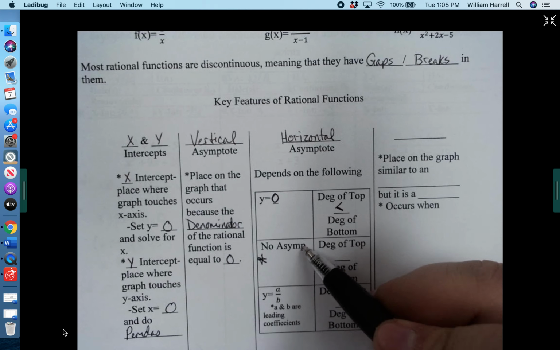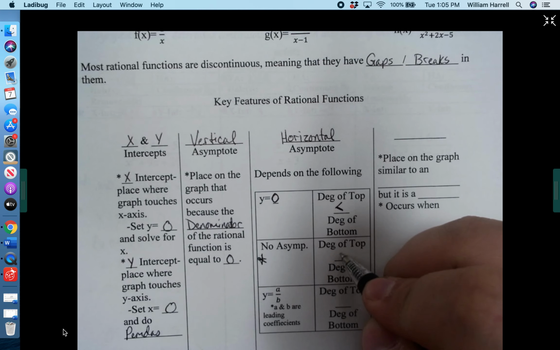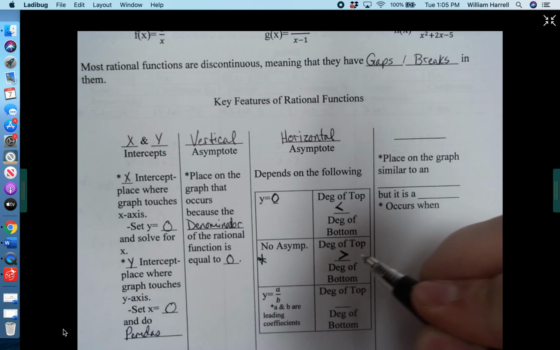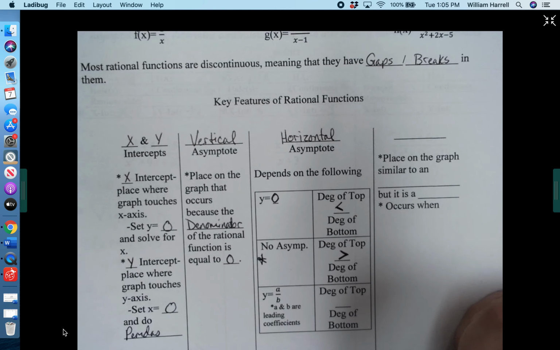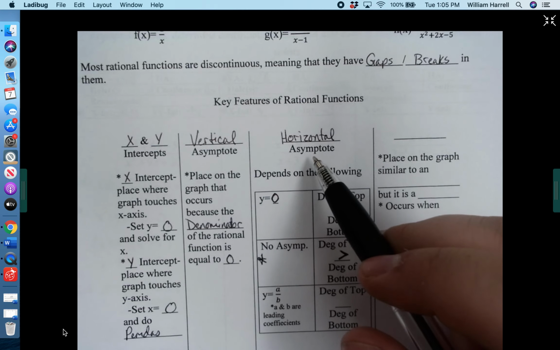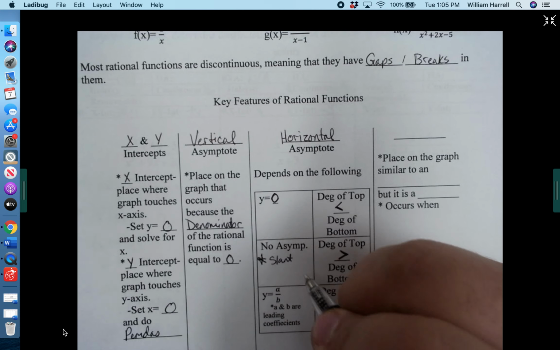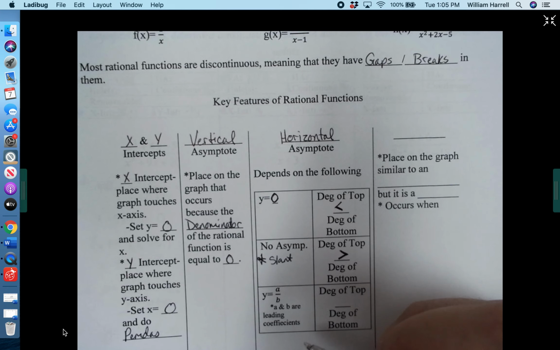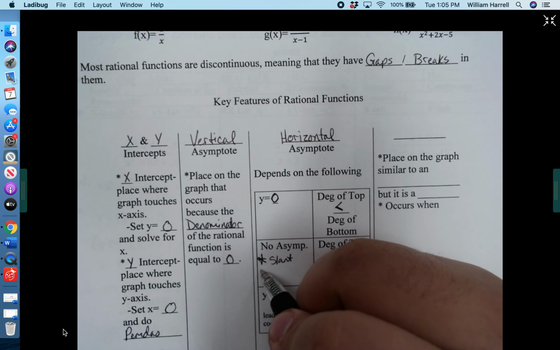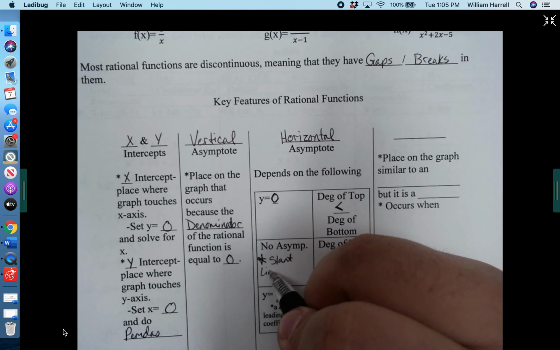You have no horizontal asymptote when the degree of the top is greater than the degree of the bottom, but you do have this thing called a slant asymptote. It's a line that's slanted, so it's either going to have a positive or negative slope.